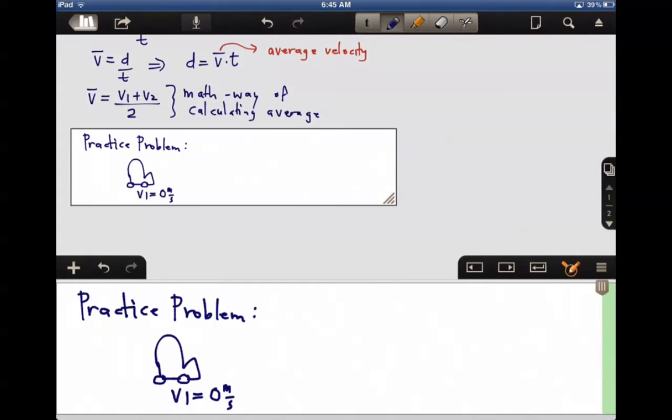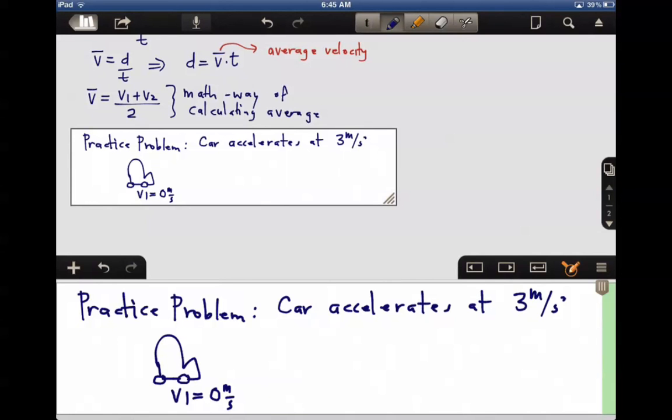And it accelerates at 3 meters per second squared, and let's do this for 7 seconds.